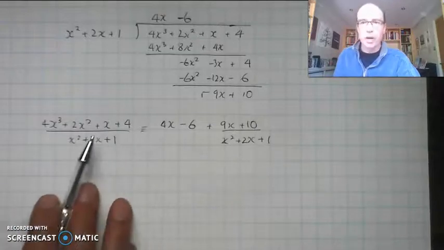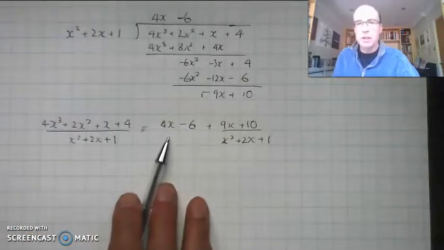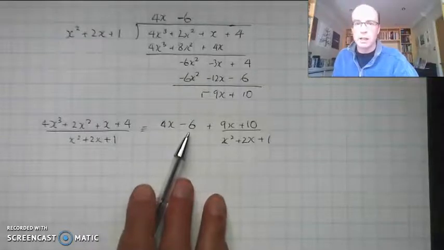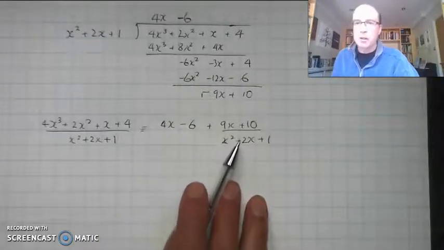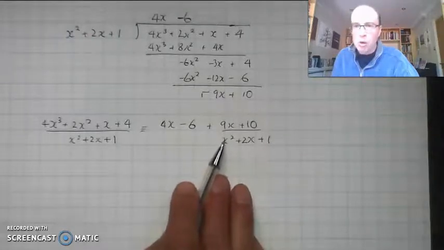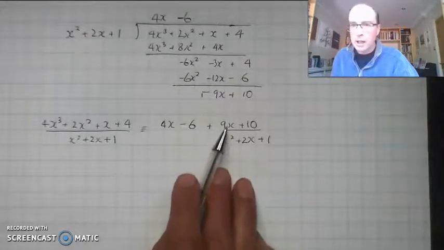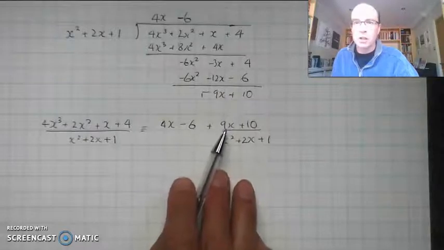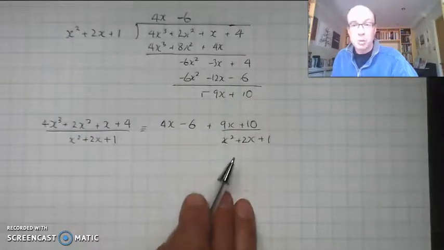So I've taken my horrible fraction and converted it into a linear polynomial term and a fraction. I've got degree 2, a quadratic, in the denominator and a linear term, degree 1, in the numerator. So it's looking pretty good.